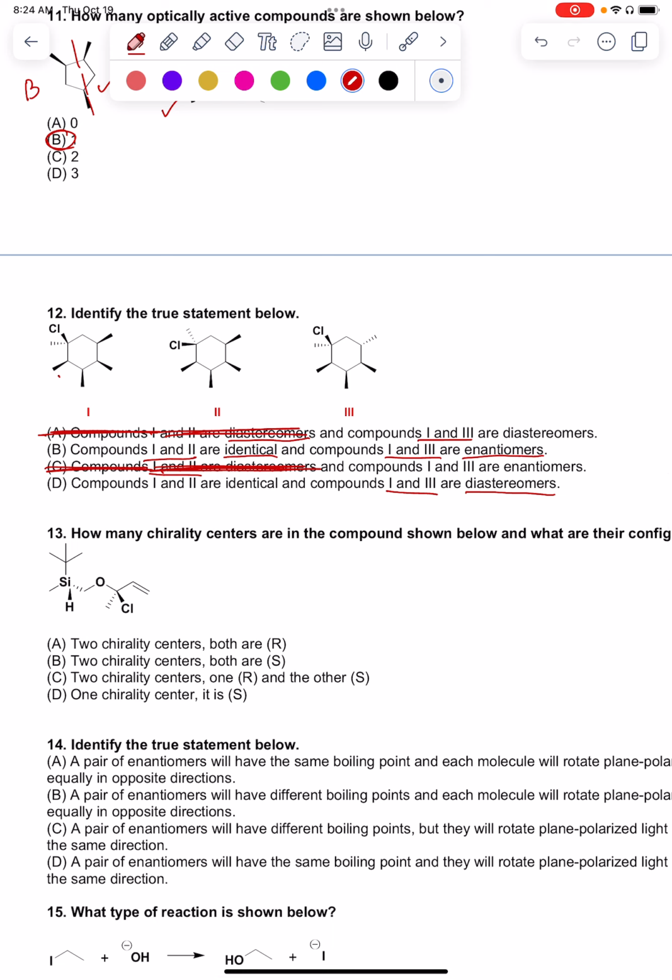Now remember swaps, which is what I was doing earlier. When we have an even number of swaps, it's the same compound. When we have an odd number, it's different, it's the enantiomer.